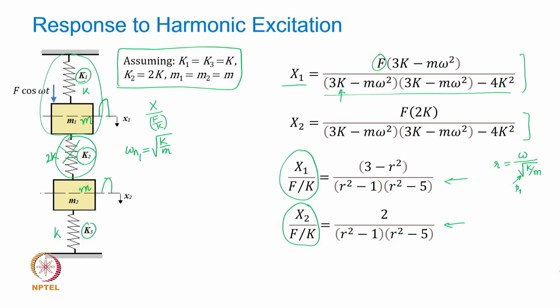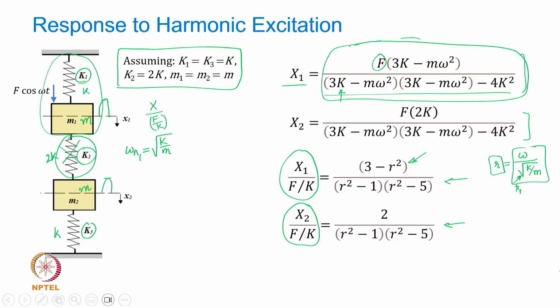So instead of using omega n, I am using p1 as the first natural frequency for non-dimensionalizing, so the forced frequency ratio is r equal to omega by square root of k over m. If I make sure that the frequency ratio is given by this, I will get this expression in terms of r.